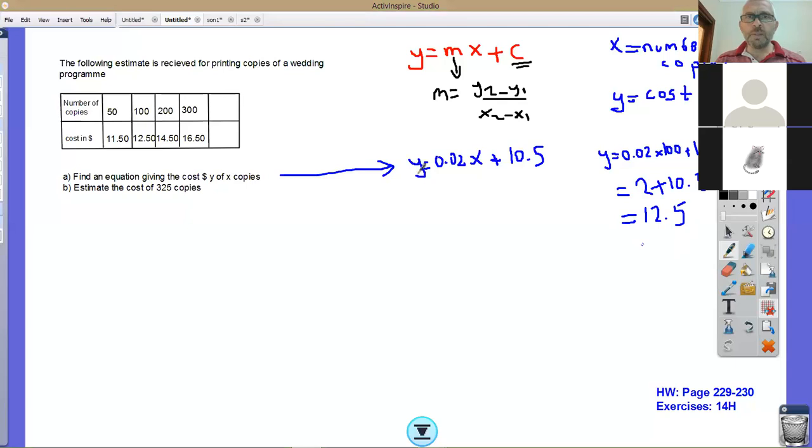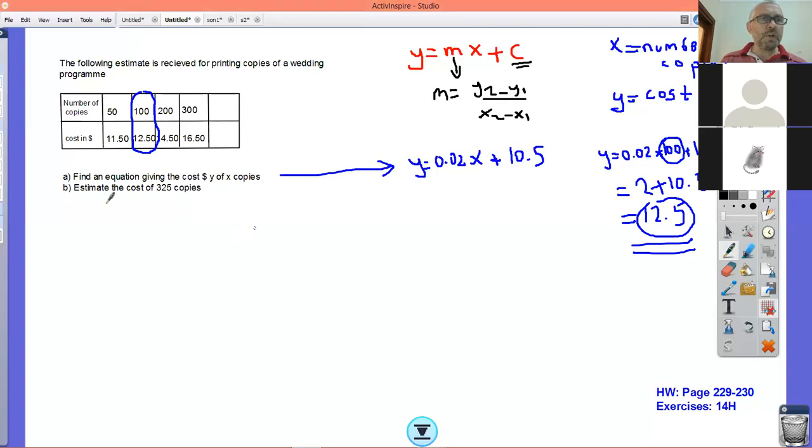Now our equation is true, because for 100 we found 12.5, and from our table you can see 100 is 12.5. Our checking gives us the true answer.